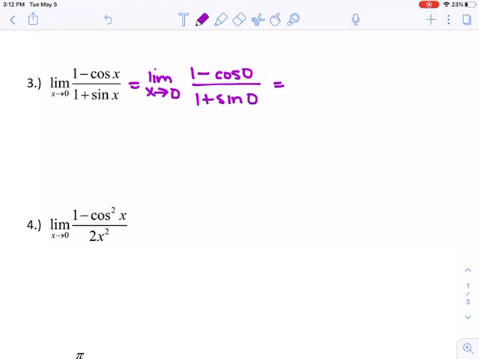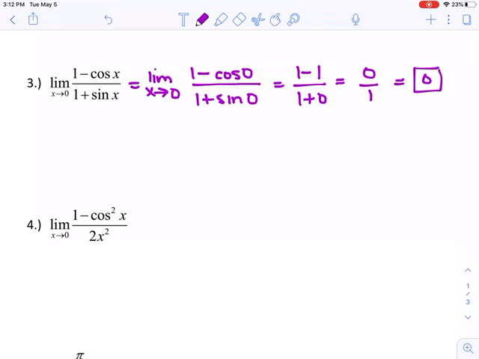At 0, my cosine is 1, so in the numerator I'm going to have 1 minus 1. In the denominator, my sine at 0 is 0. And if I'm left with 0 over 1, that's going to reduce down to 0. So if I don't have a denominator of 0, then I can go ahead and just plug the value in and evaluate.